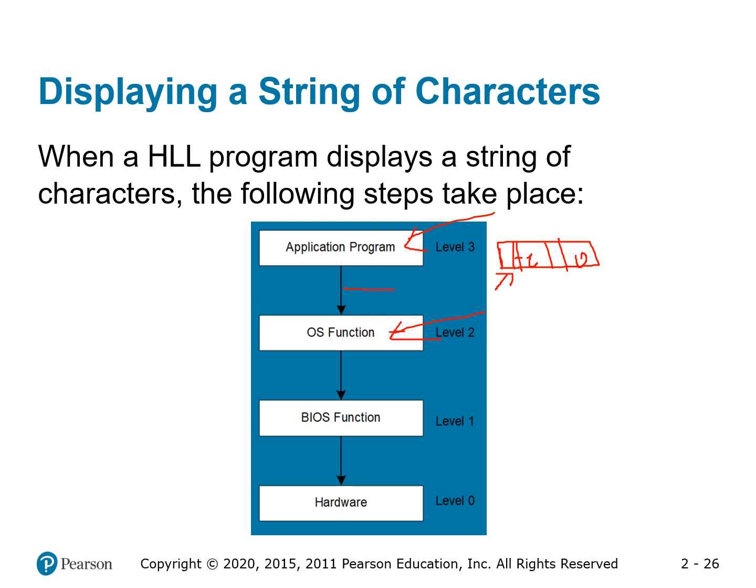And then from here, it has to loop through this entire string. So 1, 2, 3, 4, 5. There are 5 characters, so it's going to loop 5 times, and it's going to pass the ASCII value of H to BIOS with the color of what H is.